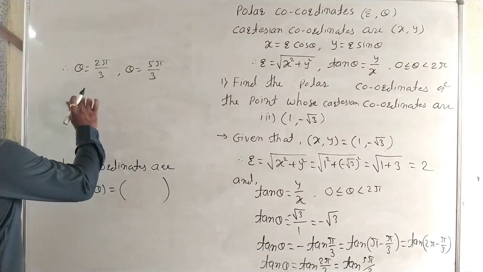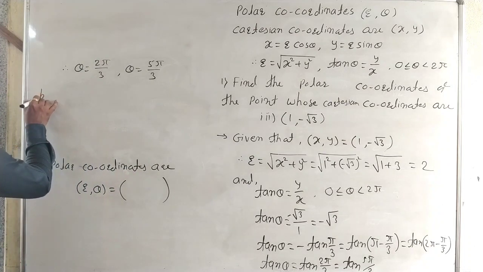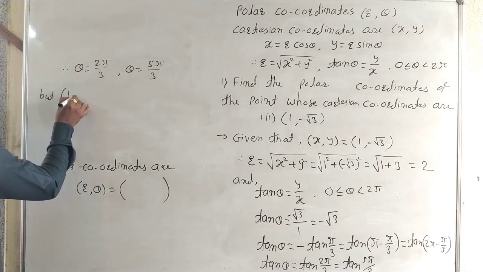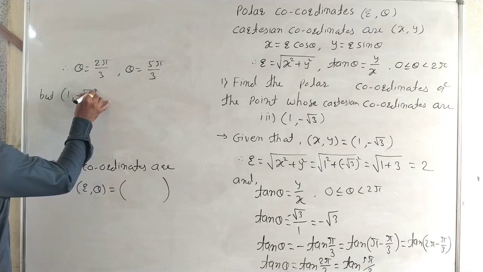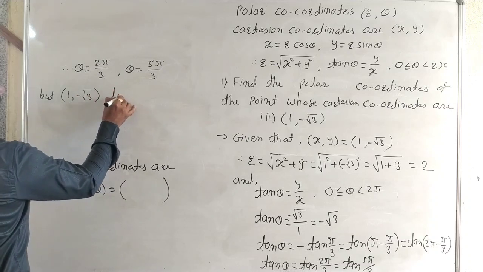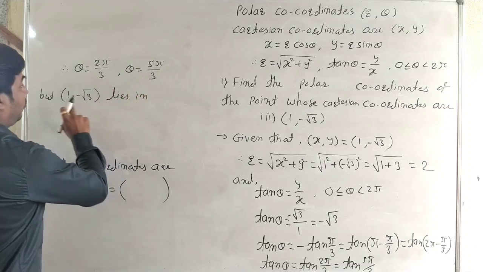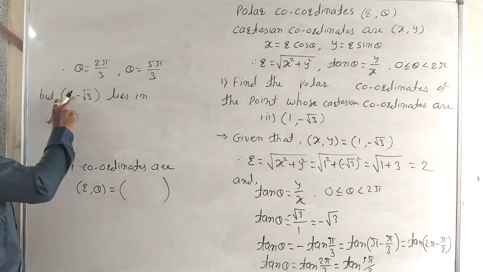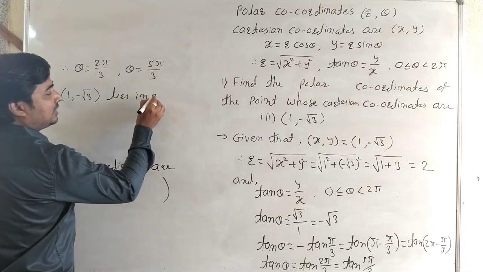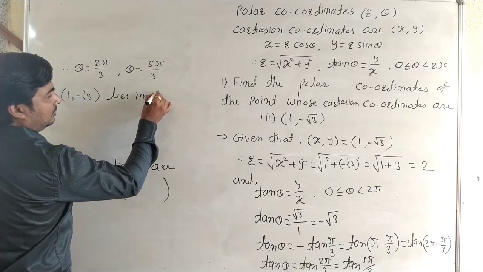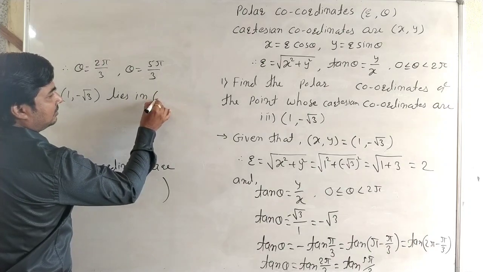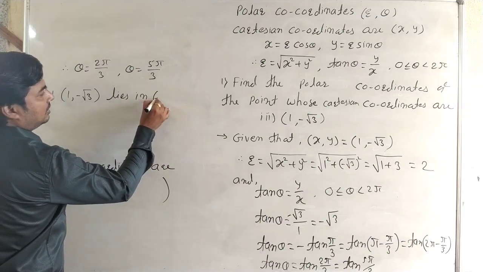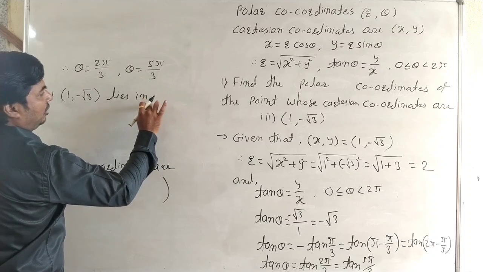But here our point is 1 comma minus under root 3. X is positive and y is negative, so it lies in the fourth quadrant.